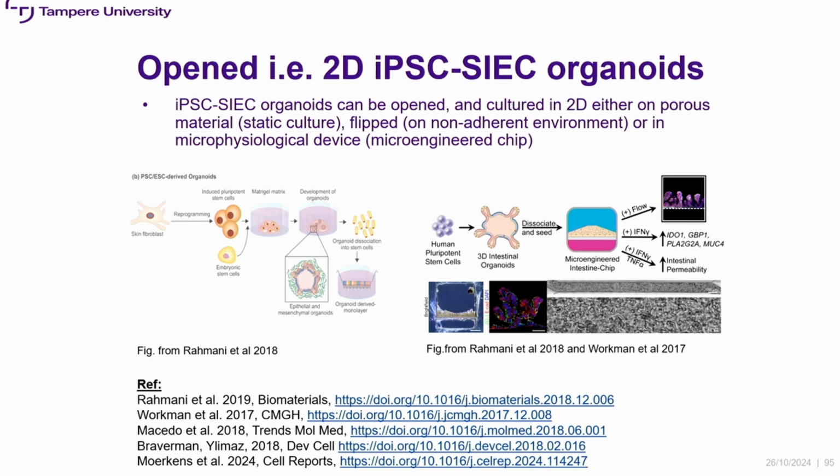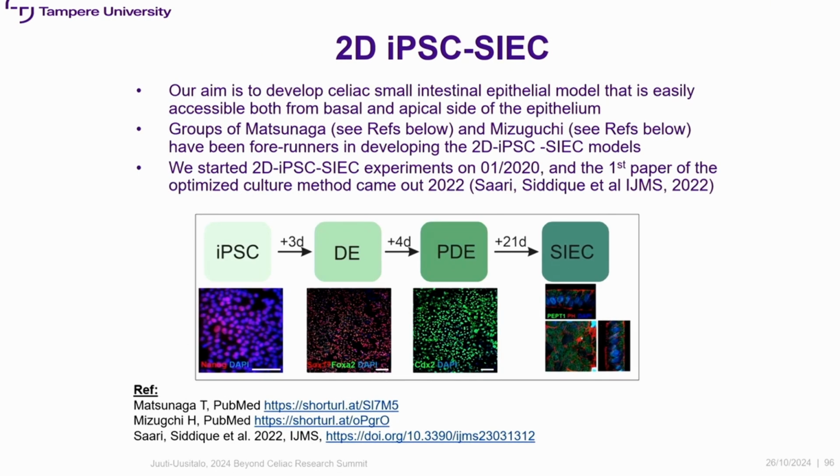This culture system is extremely expensive, it's really expensive. It's approximately three rounds is 10,000 euros or dollars. So if you want to have 3 replicates, it's just the chip and the culture, and then you don't even have the device yet.